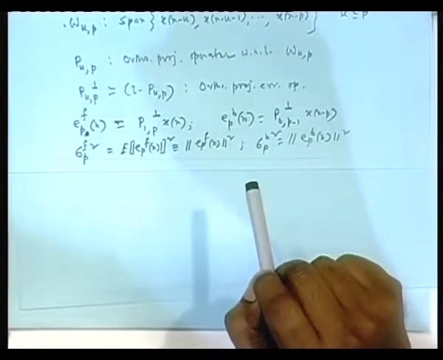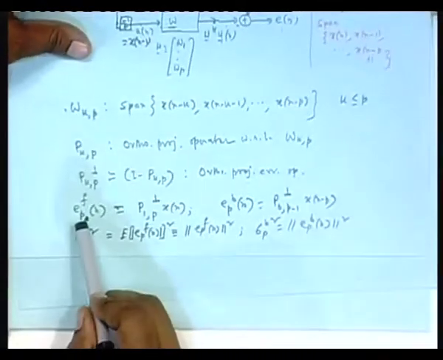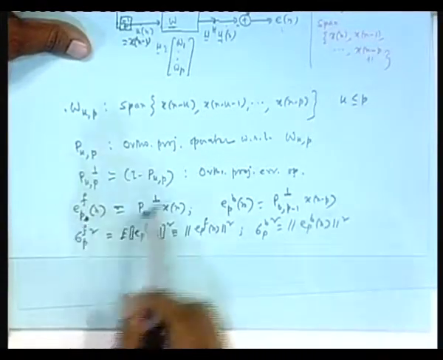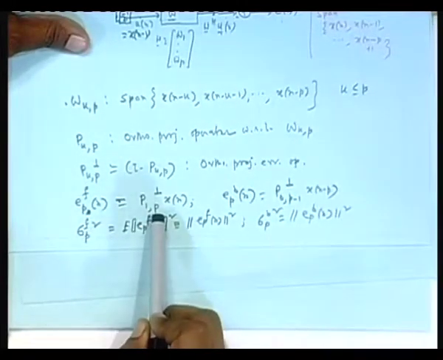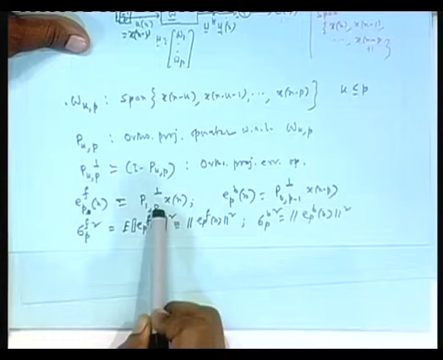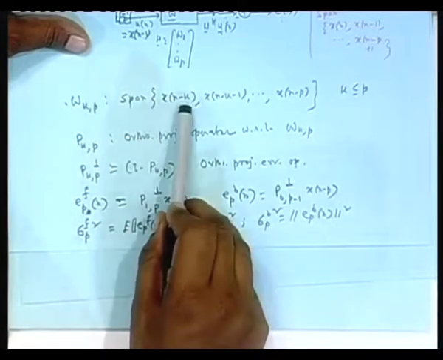And assume p to be at least equal to 1, because when you say p 1 comma p, if this small p is not 1, 1 comma 0 is meaningless here. You start at x minus 1.